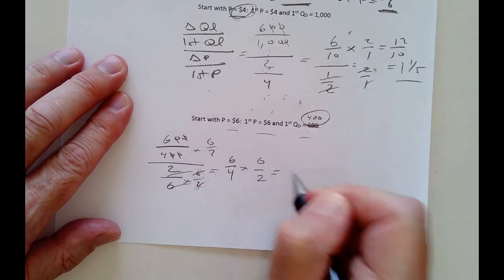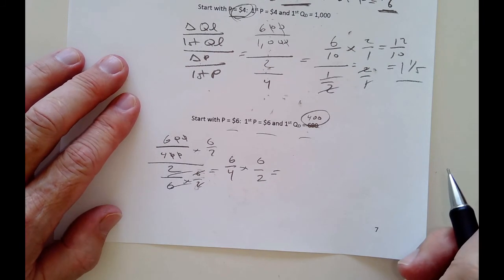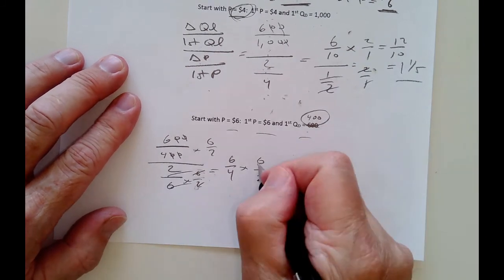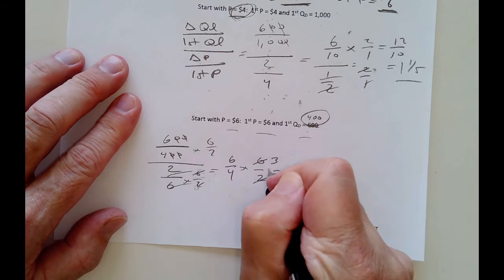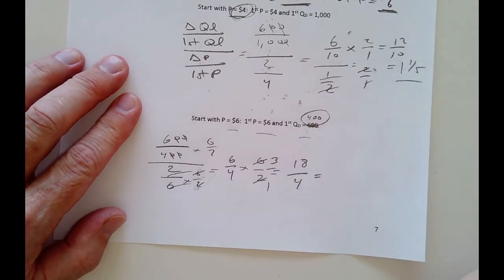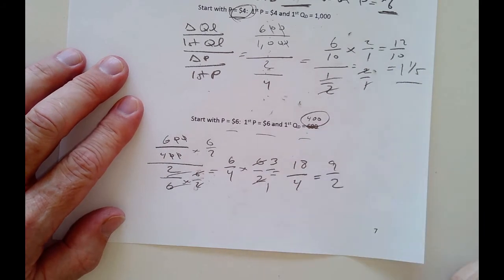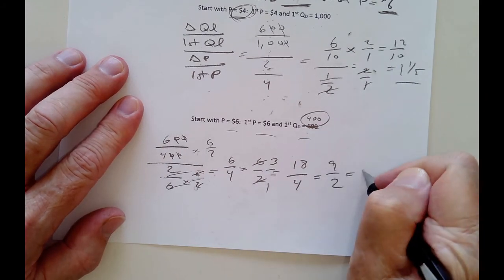And I could have changed that to 1 over 3, couldn't I? Well, I'll do that now. So it's 3 over 1, and that's 18 over 4, right? And so that would be 9 over 2, right? And that would be 4.5, right?